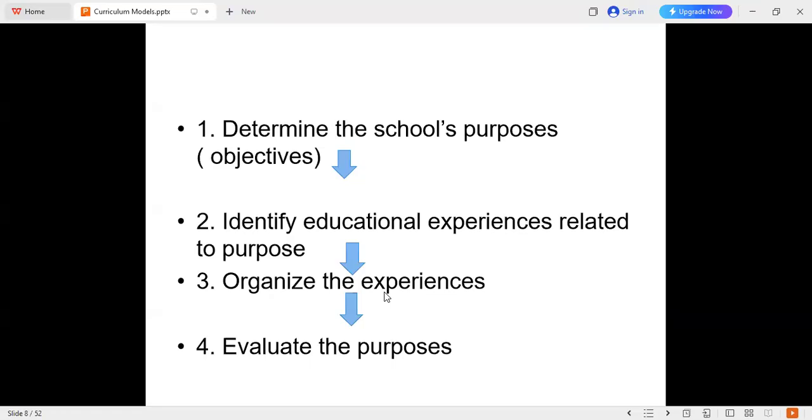First, determine the school's purposes. Those days, not like now, when we have a centralized curriculum formulation system in Sri Lanka, a small country, in other countries, if you take America, there are 50 states. They have 50 different curricula.